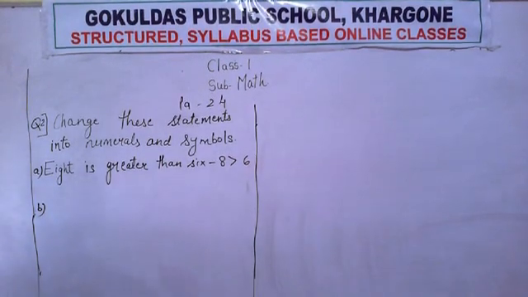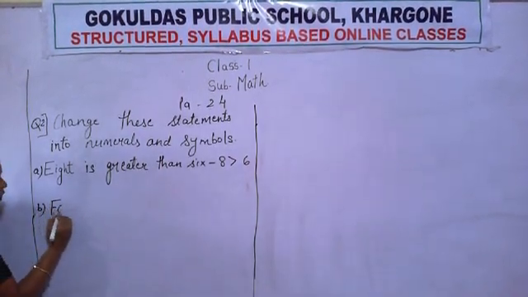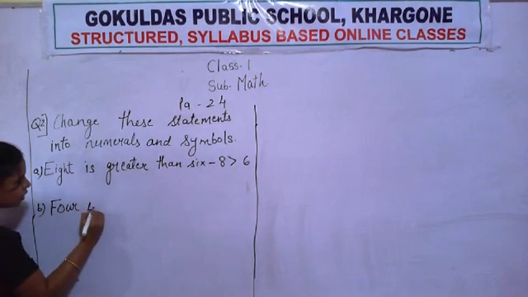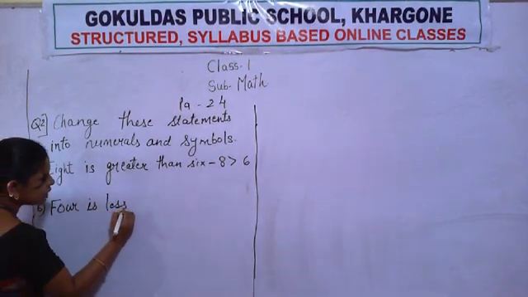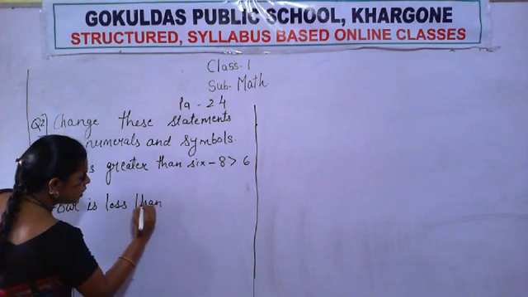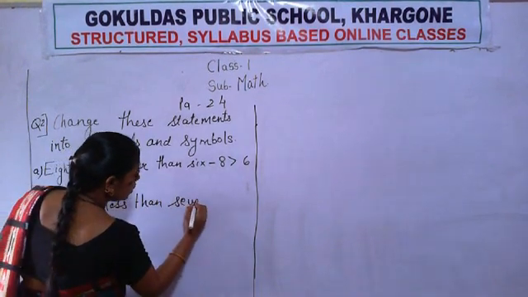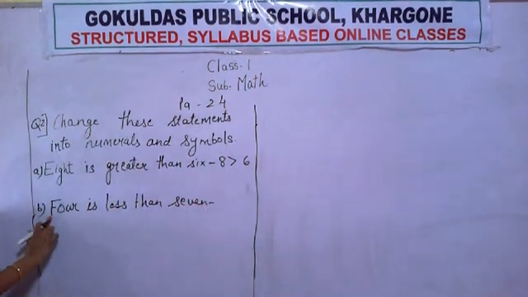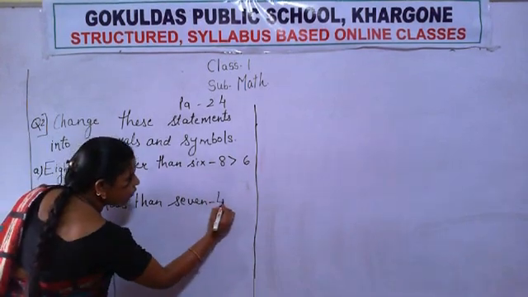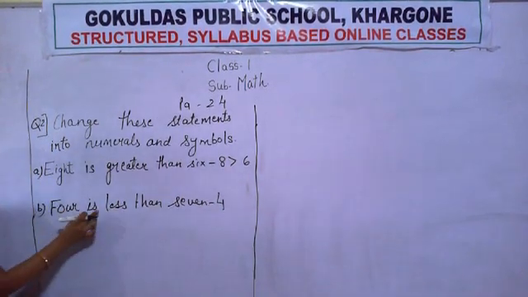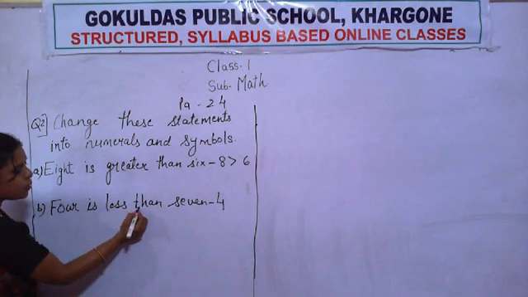Now B. 4 is less than 7. Okay. So write here 4. Now next is less than. So what is the symbol of less than?